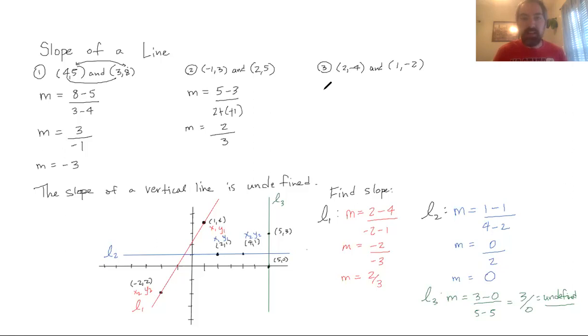And then finally for problem number 3, we're subtracting the 2 y values, -2 minus a -4. We're dividing by the difference in the x values, 1 minus 2.